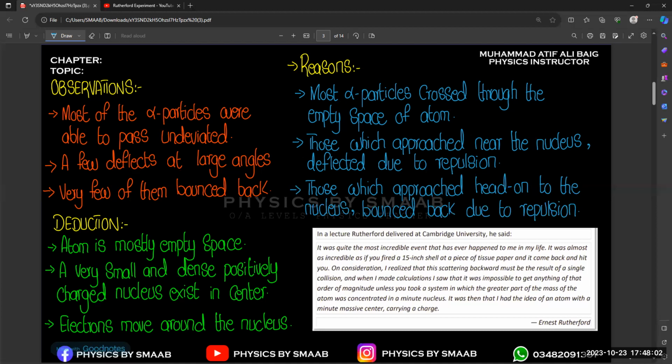So these are some observation, deduction, and some reasons that was completely derived from Rutherford experiment.